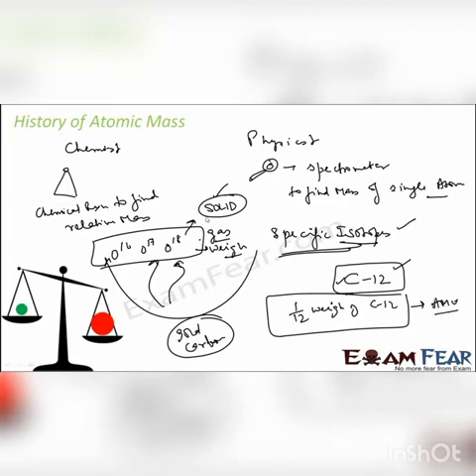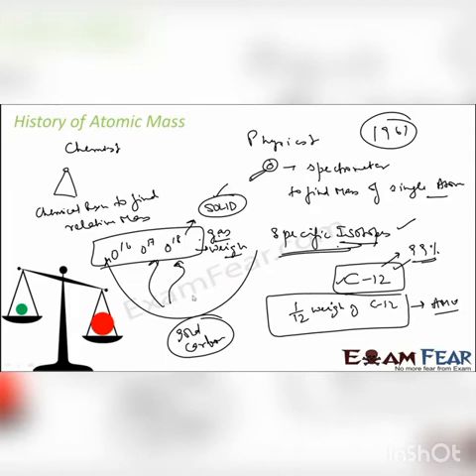Now chemists were happy, they got something solid to measure. Physicists were happy because this is C12. C12 also has isotopes, but more than 99% of any carbon is C12. So any carbon you pick, 99% will be C12. So with that, they're also happy. In 1961, IUPAC declared the C12 isotope as the standard reference for measuring atomic mass.